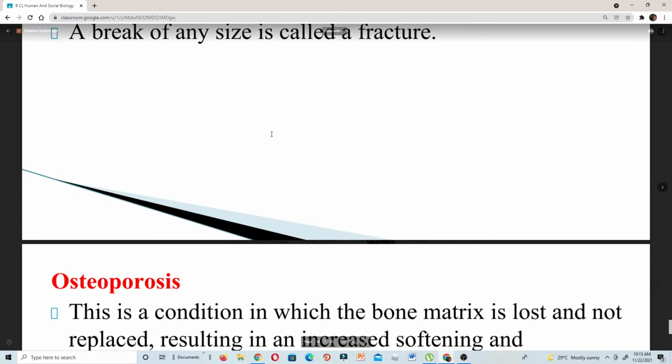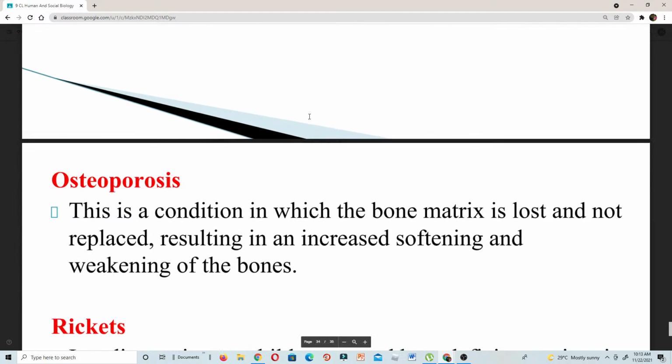Osteoporosis, that's another factor that affects our skeletal system. This is a condition in which the bone matrix is lost and not replaced, resulting in an increased softening and weakening of the bones. So matrix is like a chemical substance we get as a result of eating food.